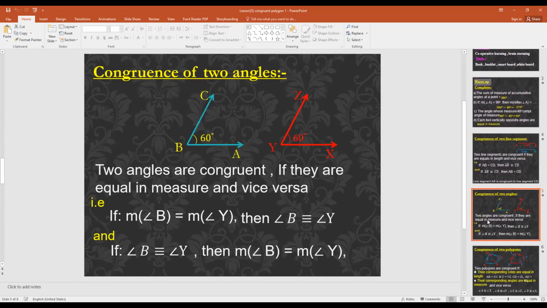And we say that the two angles are congruent if they are equal in measure, and vice versa.